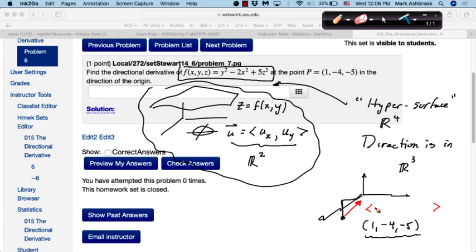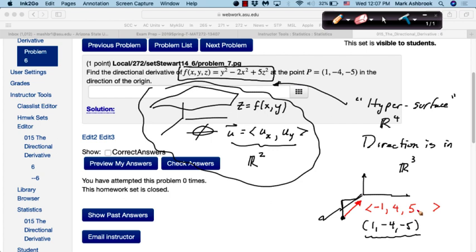It's going to be -1, 4, 5, right? The position vector 1, -4, -5 would be from the origin to the point. So take the opposite of it, and you'd have the vector from the point to the origin.